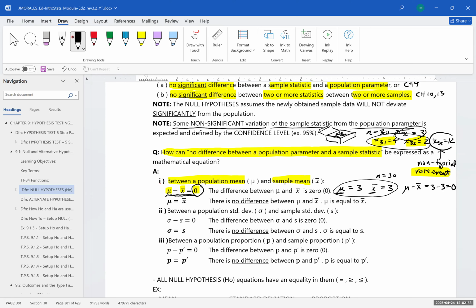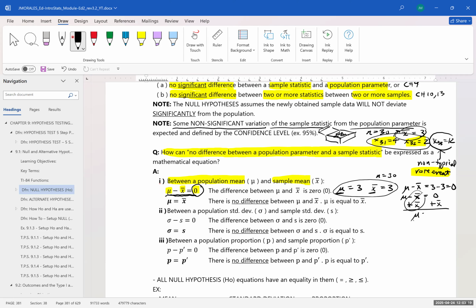Now, another way of saying the same thing is if you apply a little bit of algebra, you could add the sample mean to both sides of the equal sign. A minus sample mean added to a positive sample mean would cancel out.